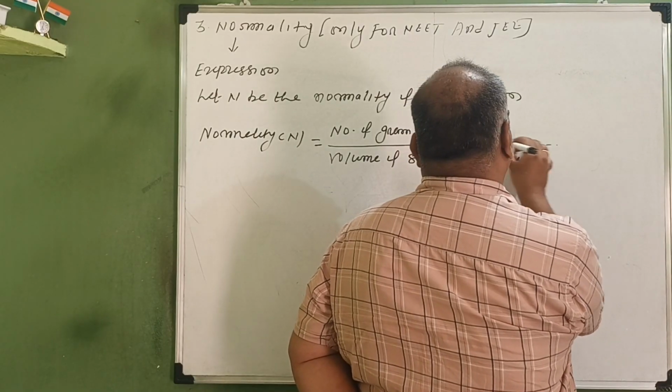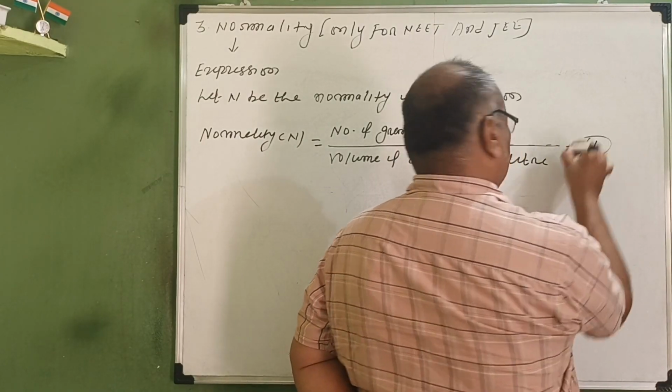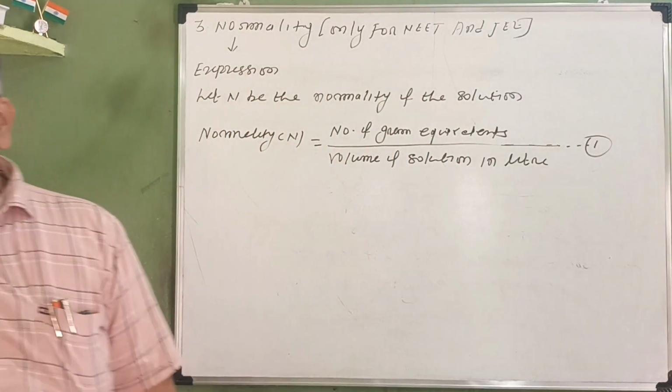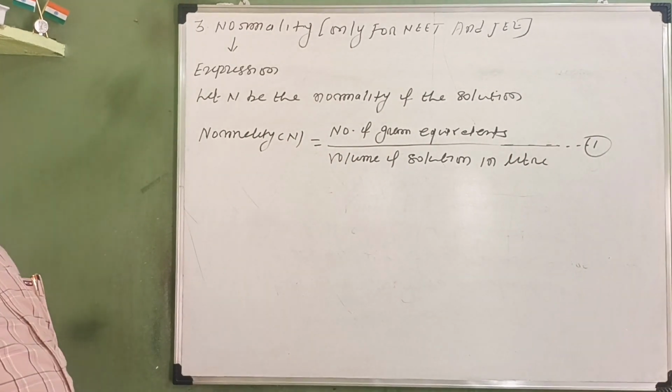Suppose this is your equation number 1, but what is the meaning of number of gram equivalents?